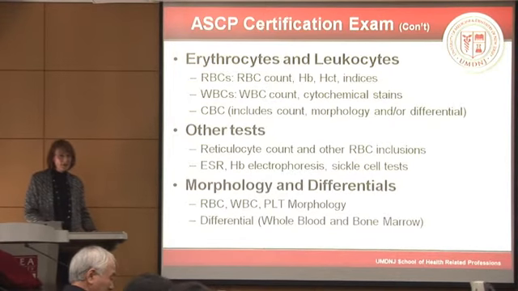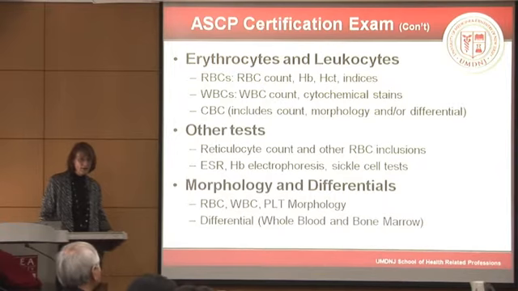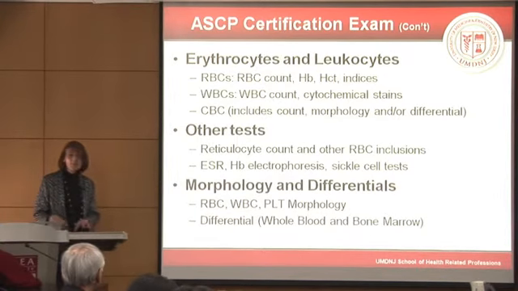So morphology is very, very important. We're also required to have them review bone marrow cells. So in my student lab, I have some bone marrow samples, and we show them the difference between normal bone marrow and, say, bone marrow in acute leukemia. We have some bone marrow samples from aplastic anemia.